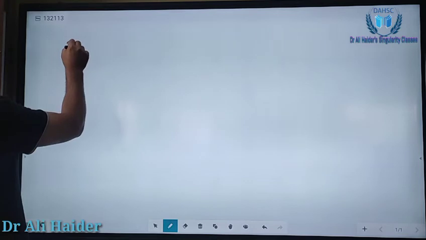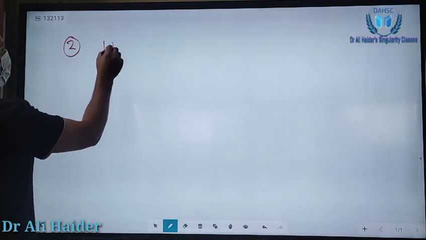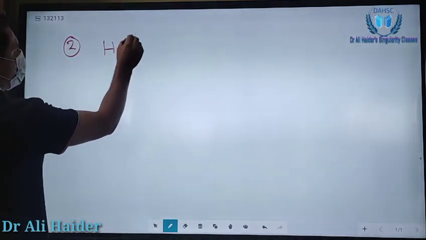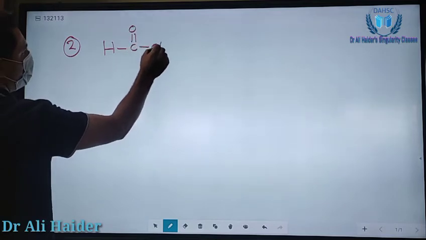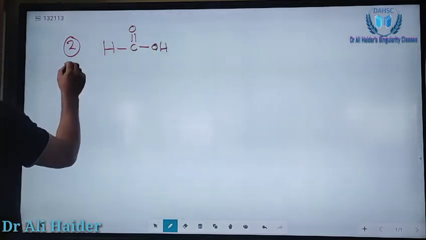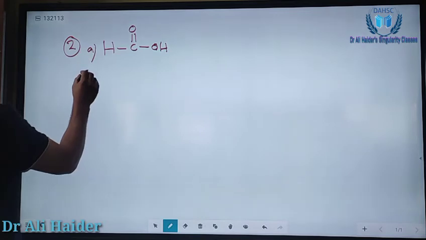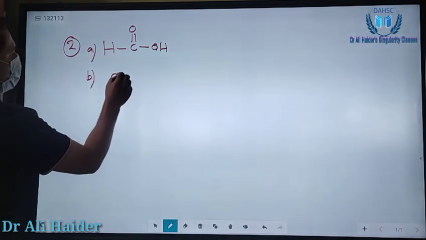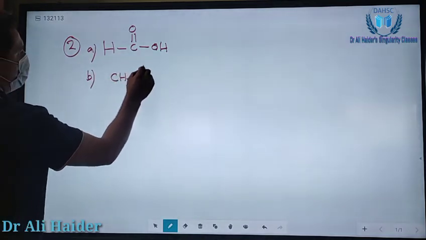Example number 2. Now if we have these molecules, H C double bond O, OH, formic acid, one example. This is A. The B molecule is CH3 C double bond O, OH.